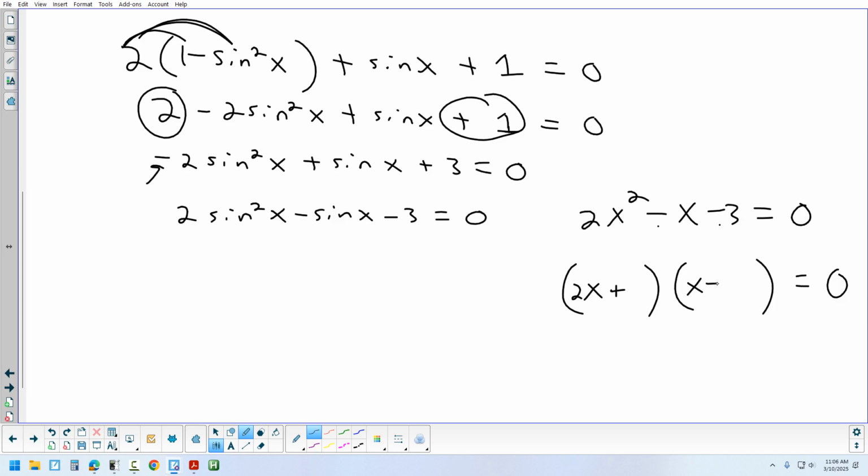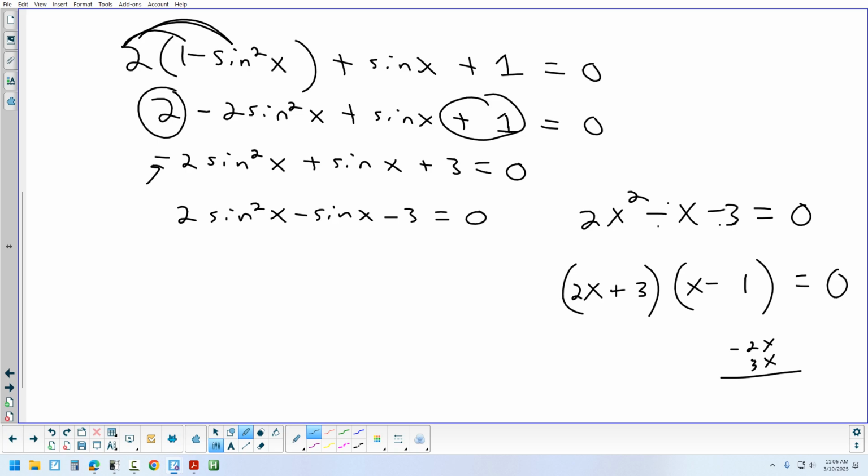Now I need two numbers that multiply to give me 3. 1 and 3. Let's try 1 and 3. Let's FOIL that out. You get 2x squared. That's good. But what's 2x times negative 1? Negative 2x. And what's 3 times x? 3x. What's 3x and negative 2x?